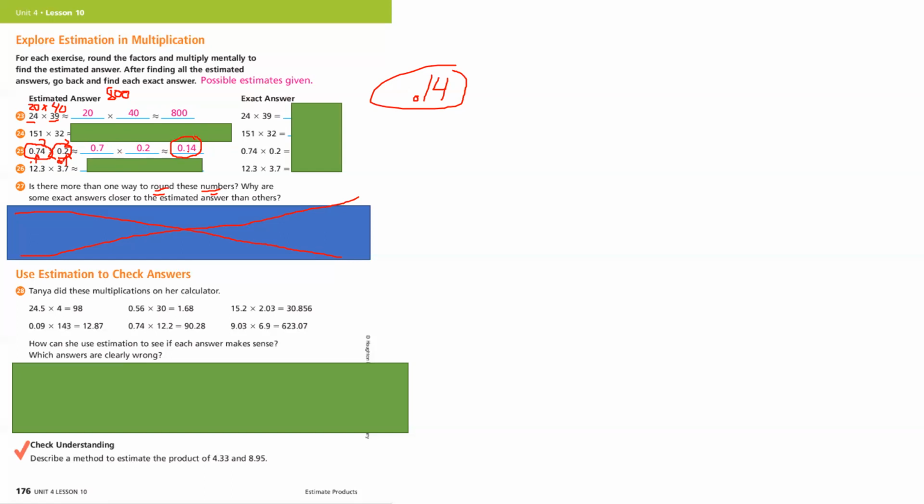Now, if you round to the nearest ones, then that's not as specific as rounding to the nearest tenths. So the more specific you round each number, the closer you'll get to the real answer. And the less specific, which you guys know what I mean by specific, then the further away you are from the real answer.